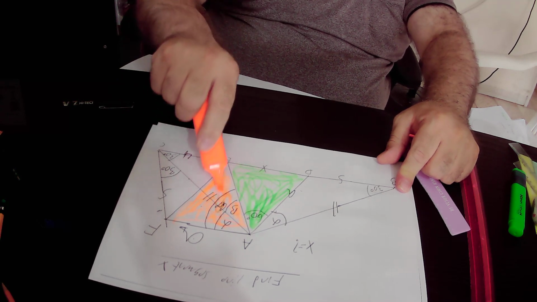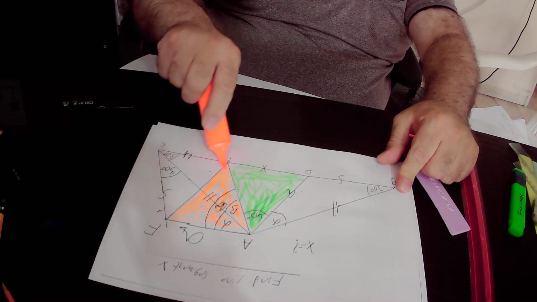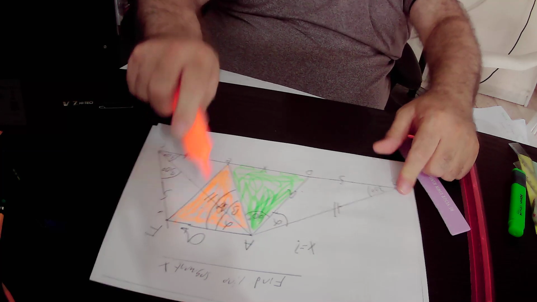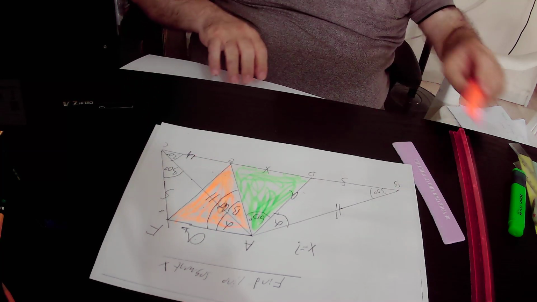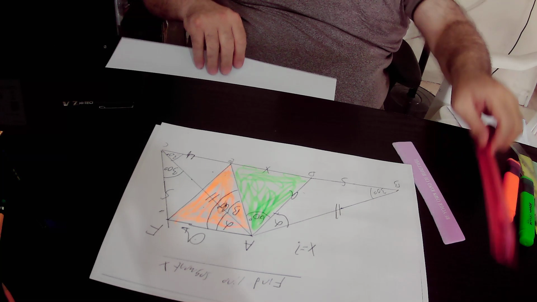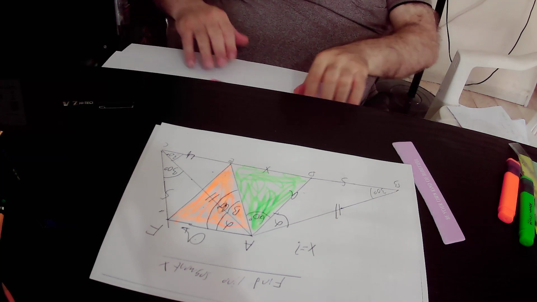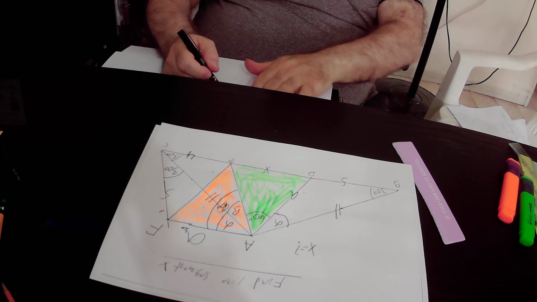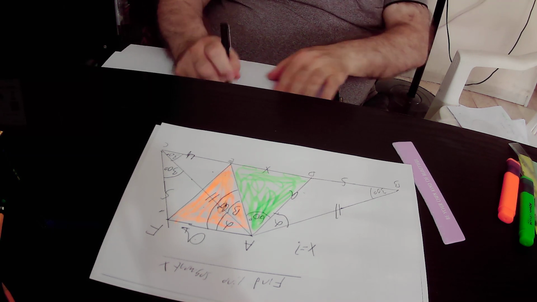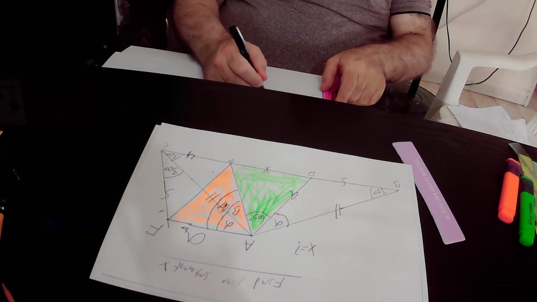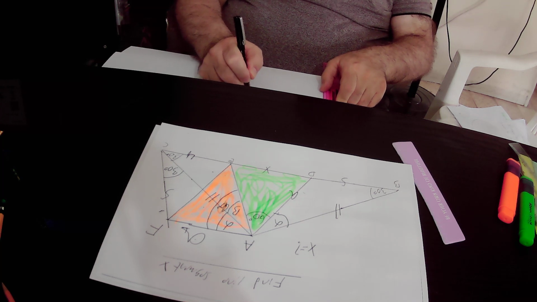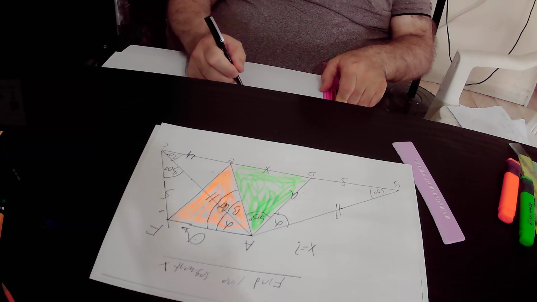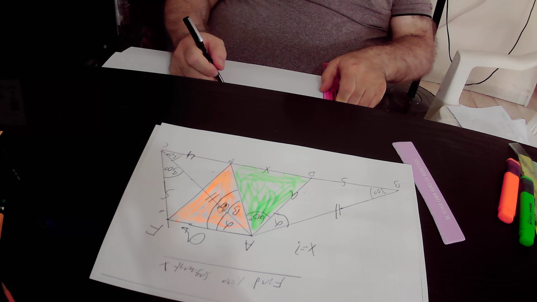and prove that those two triangles can go into each other. So why is the green triangle congruent to the orange triangle? I write it down. We will prove that the green triangle ADE is congruent to the orange triangle, triangle AEF.